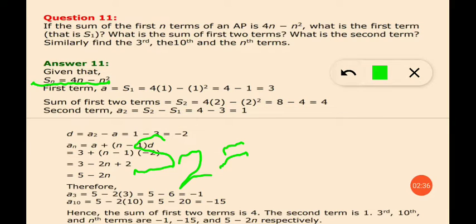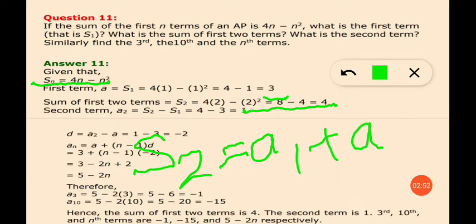On solving, we get 4 as the sum of the first two terms, and we got 3 as the first term. Also, we know that S2 is equal to A1 plus A2.